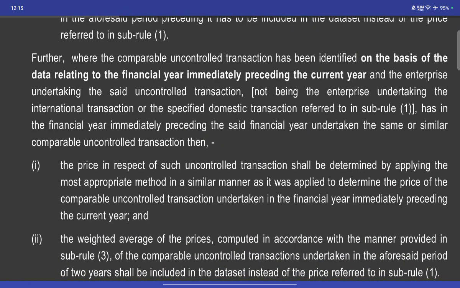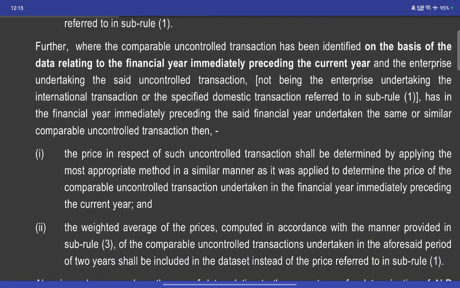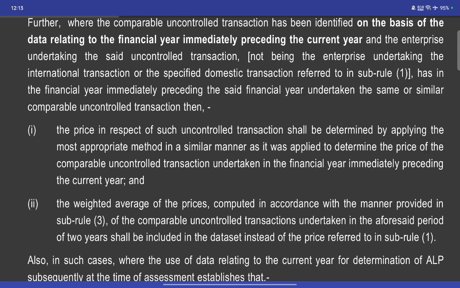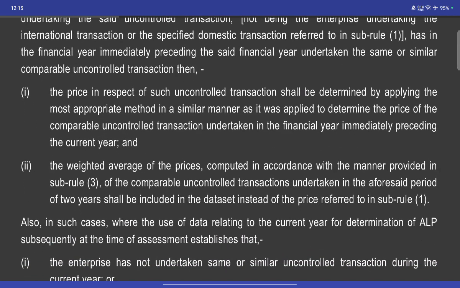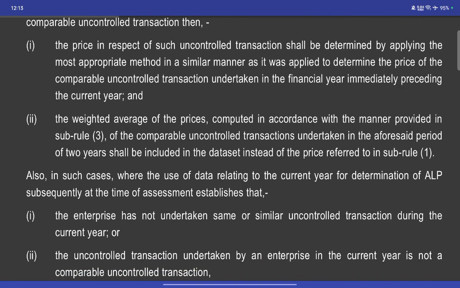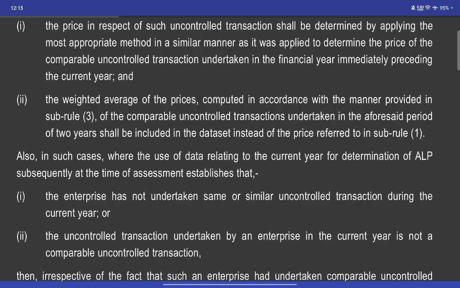Further, where a comparable uncontrolled transaction is identified on the basis of data related to the financial year immediately preceding the financial year, and the enterprise undertaking the said uncontrolled transaction, not being the enterprise undertaking the international transaction or specific domestic transaction, has undertaken a comparable uncontrolled transaction in the financial year immediately preceding such financial year, the price in respect of such uncontrolled transaction shall be determined by applying the most appropriate method in a similar manner as applied to determine the price of the comparable uncontrolled transaction undertaken in the financial year immediately preceding the current year.